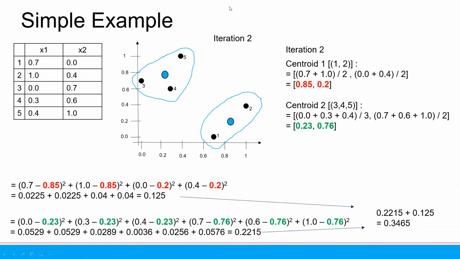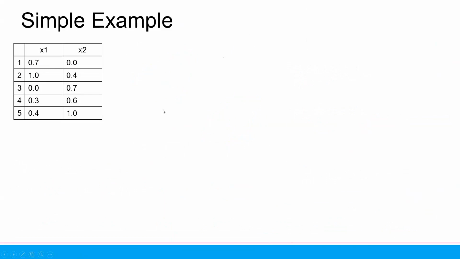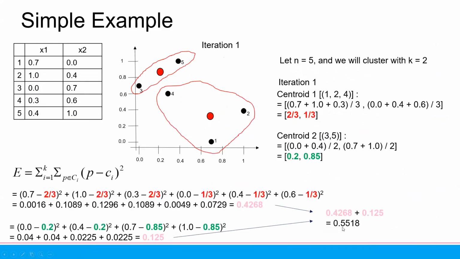Based on your result, the iteration 1 and iteration 2. This iteration produced 0.3465. What about the previous iteration? The previous iteration is 0.5518.